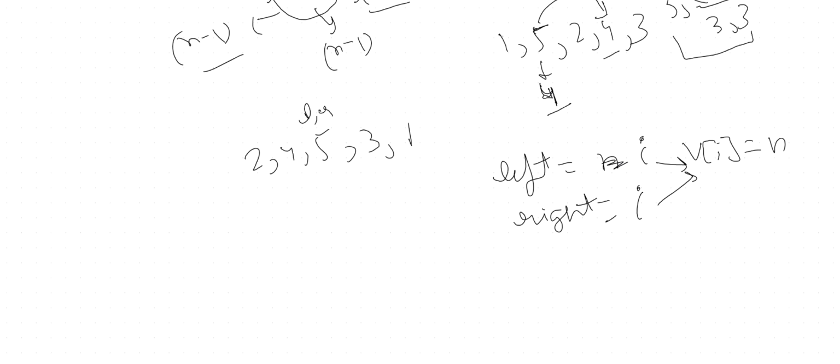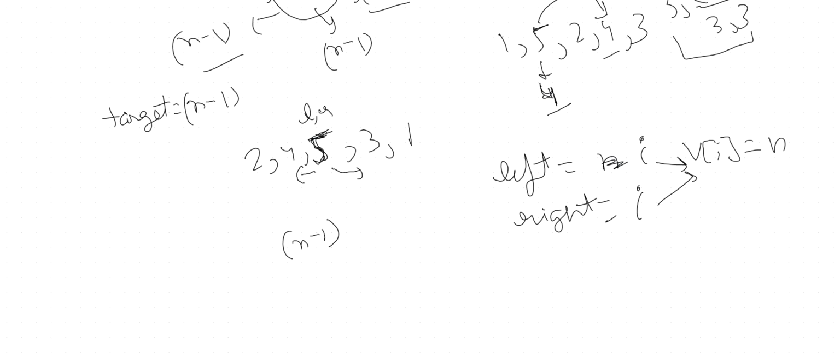Now I will check adjacent elements, if any of the adjacent elements is n minus 1. Let's say I will also take a variable target, and initially the target value will be n minus 1. So I will check if either the left side of the left pointer or the right side of the right pointer is the target.